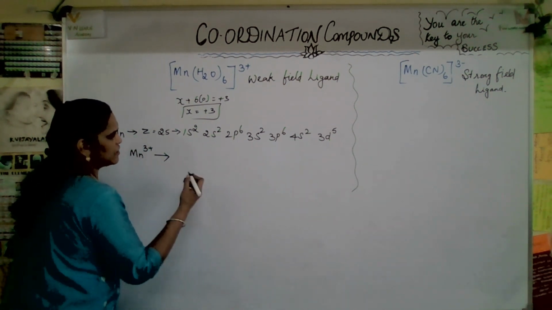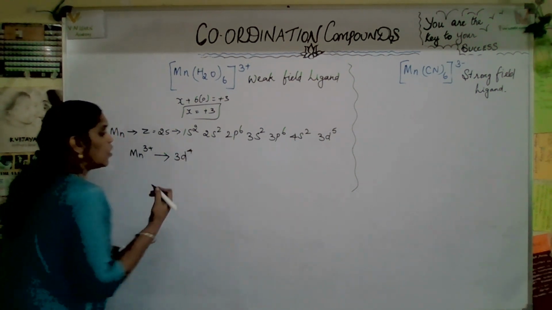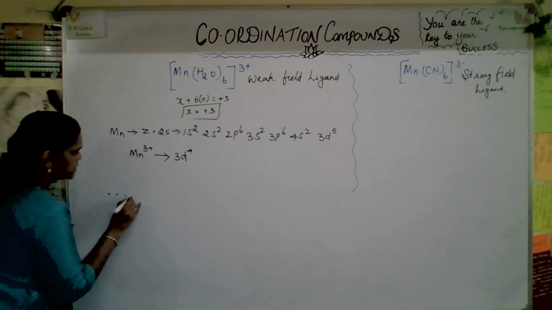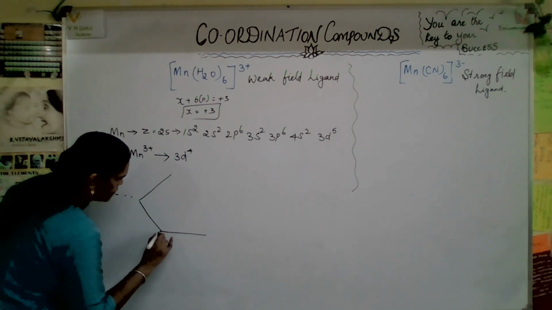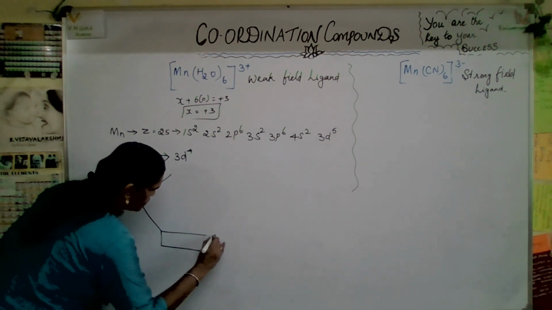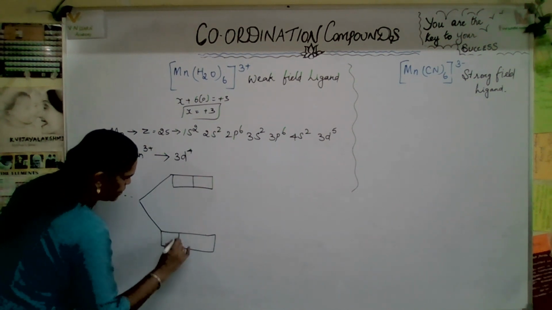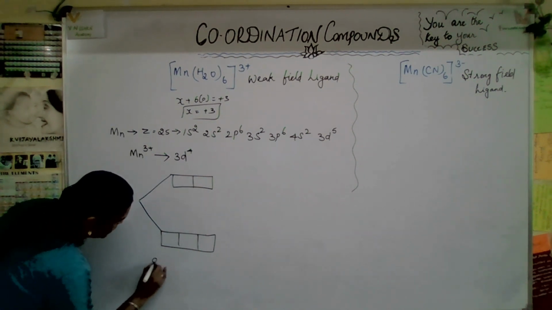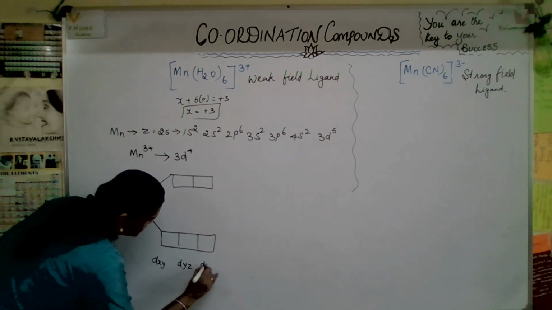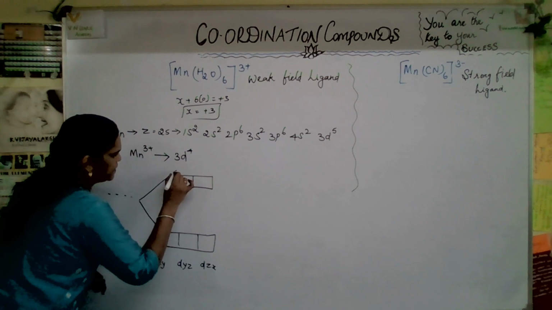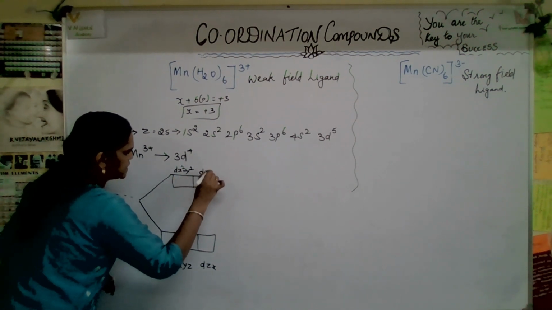Now here, how many electrons do you have to remove? 3 electrons. So 3d4. Now how to fill the electrons in that splitting way? dxy, dyz, dzx, and here dx square minus y square, dz square.